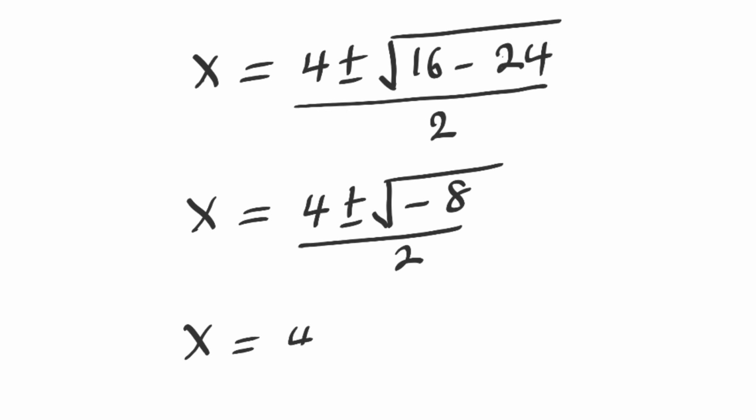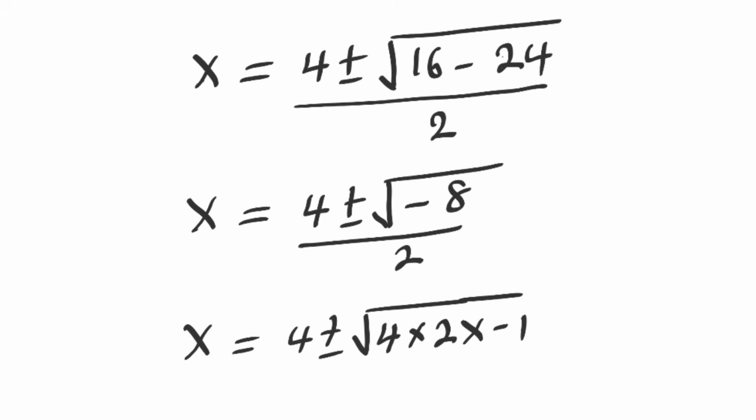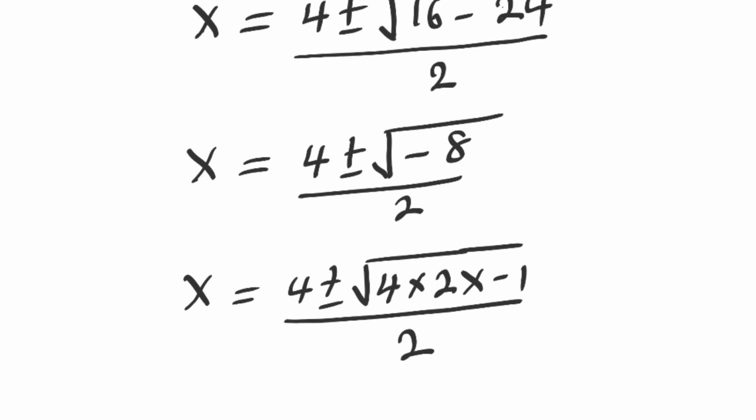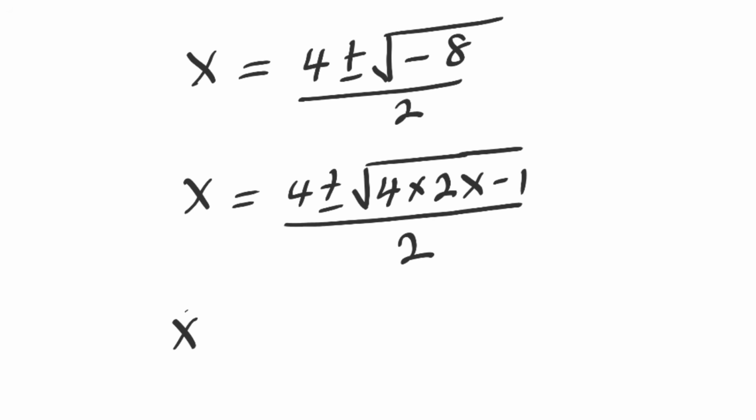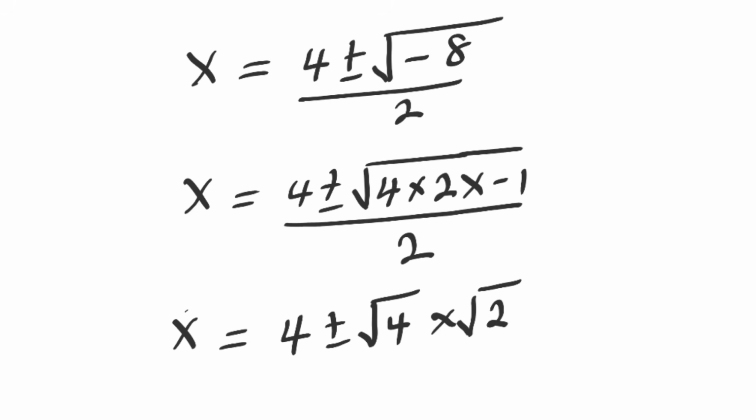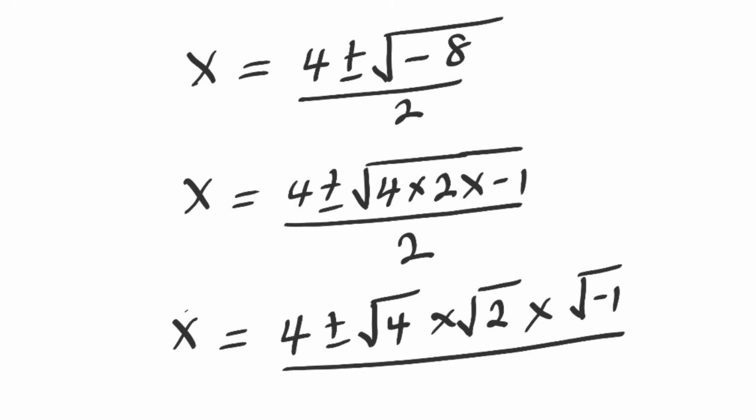x is equal to 4 plus or minus square root of minus 8, which can be written as square root of 4 multiplied by 2 multiplied by minus 1, over 2. x is equal to 4 plus or minus square root of 4 multiplied by square root of 2 multiplied by square root of minus 1, all over 2.